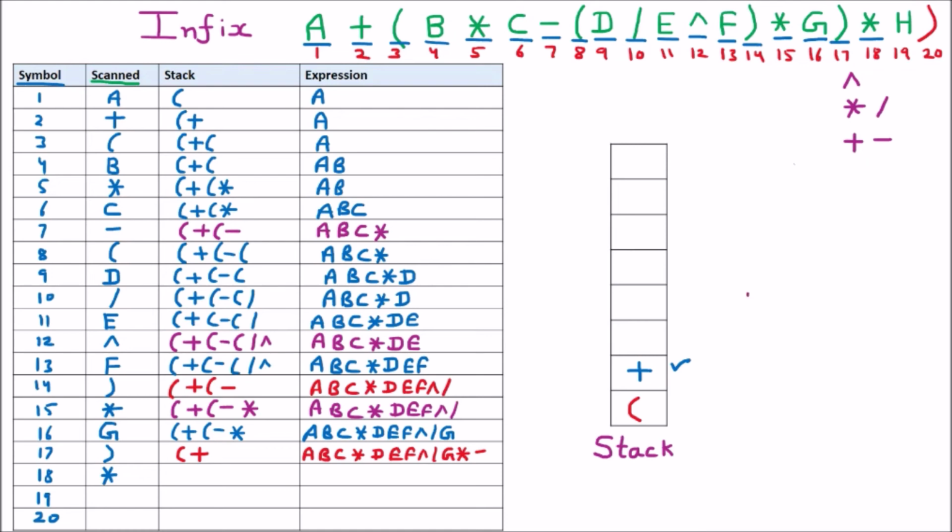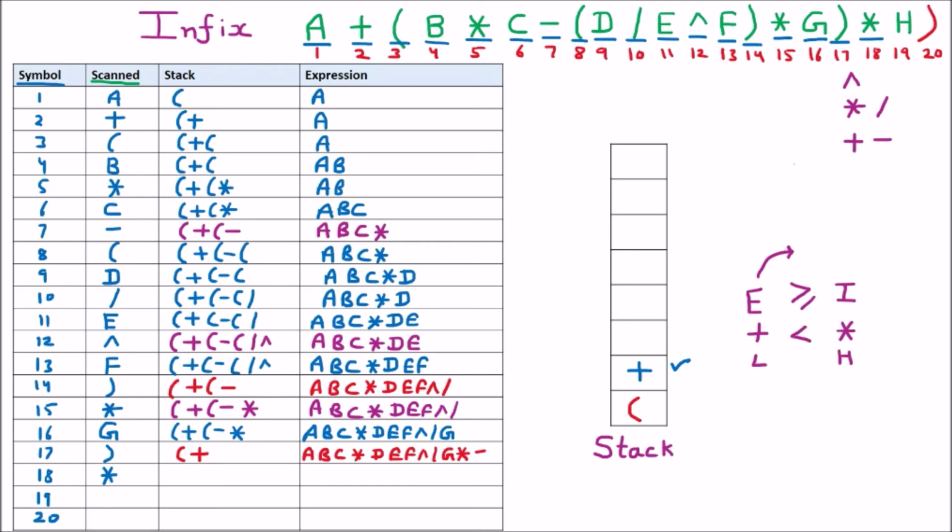We know that if the existing operator has greater or equal precedence than the incoming operator, then the existing one will come out. So the existing operator is plus and the incoming operator is star. We have to check their precedence. Plus has low precedence, star has high precedence.